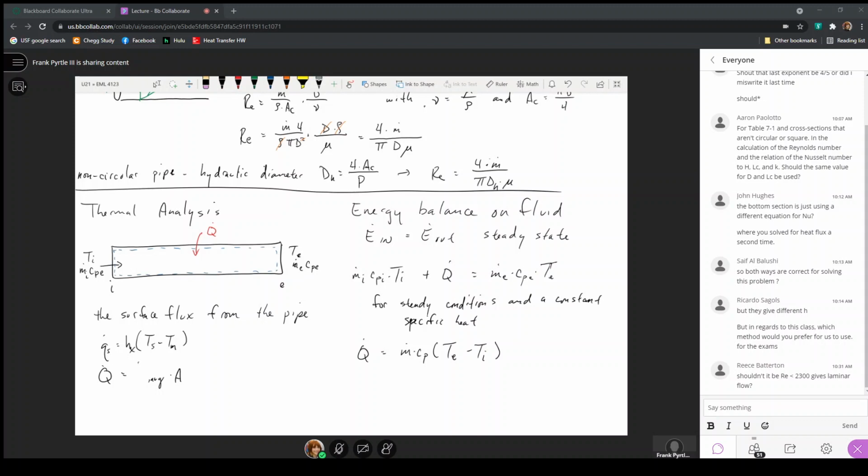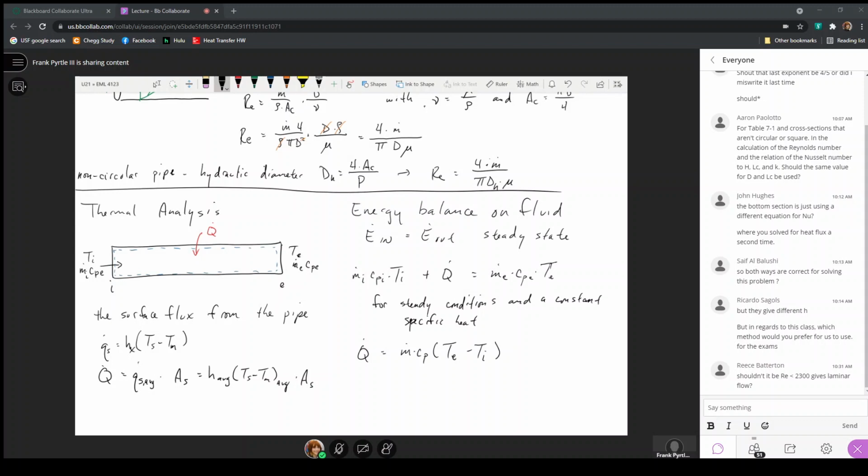So this is Q dot sub s average times the surface area. So then that would be the average heat flux times Ts minus Tm, and this would have to be an average value of the temperature difference, because this temperature difference between the surface and the fluid will change along the length of the pipe, times the surface area.